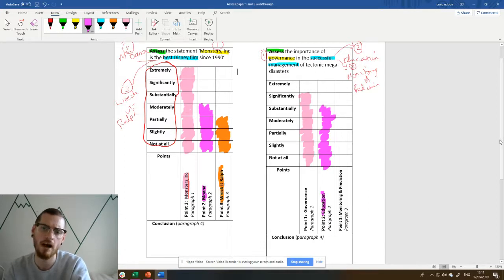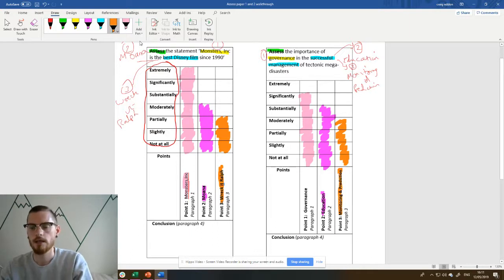And then last one, how far do I agree that monitoring prediction is important in successfully managing disasters? I'm going to say moderately here. I could use Japan as my evidence of the PTWC, basically the Pacific Ocean Warning Center.